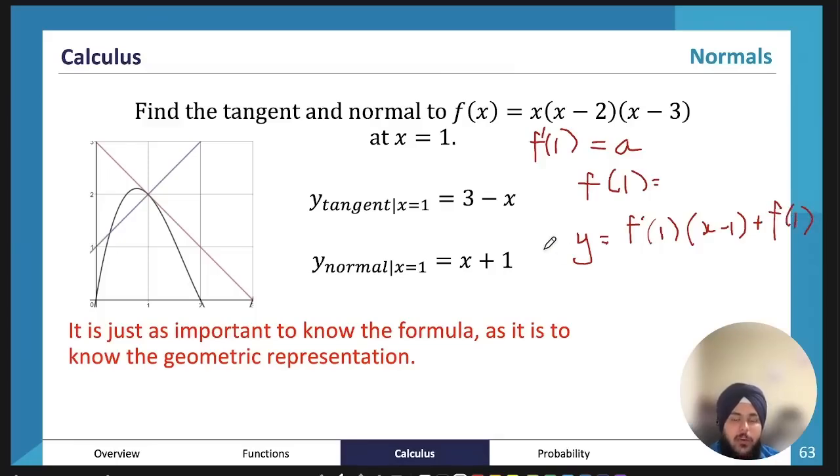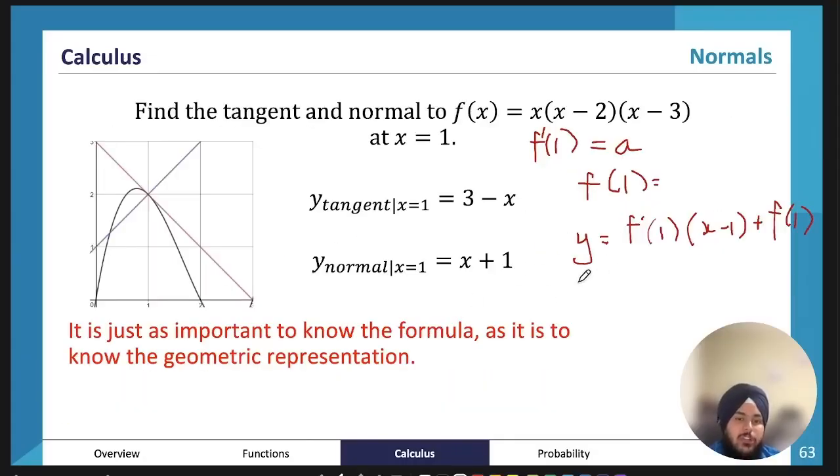So that is just what the equation of the tangent will be. y is equal to the gradient at that point, times x minus 1, plus f of 1. If you're not familiar with this, just look at the previous slide. This is how we derived it.